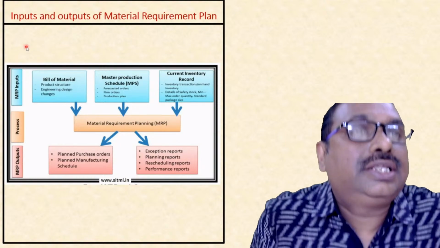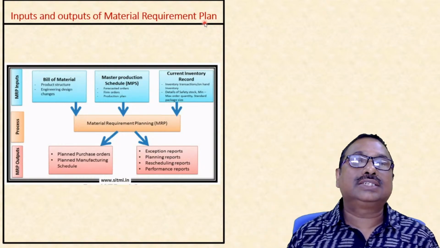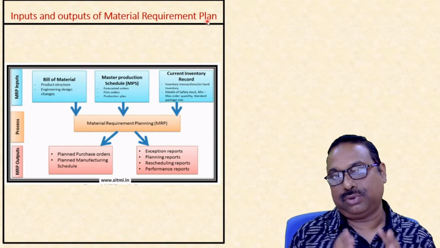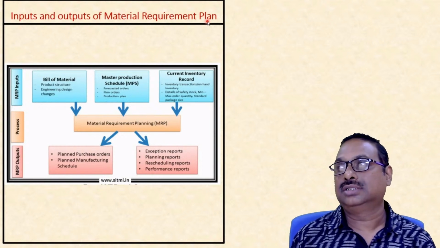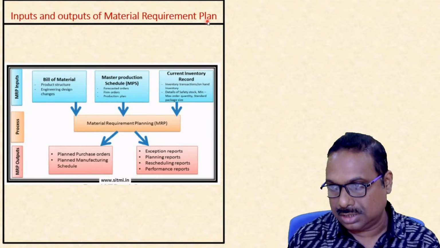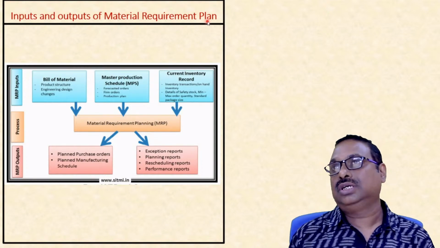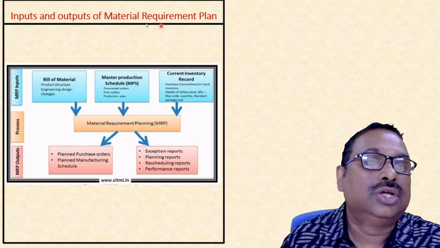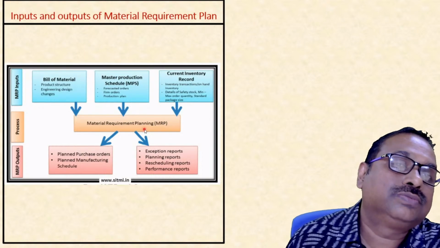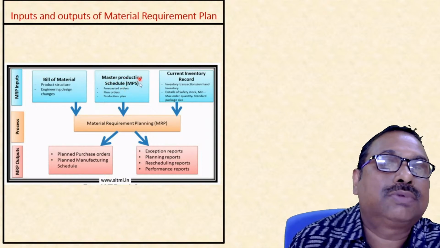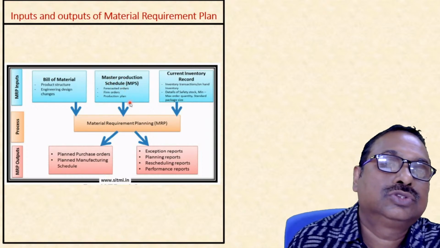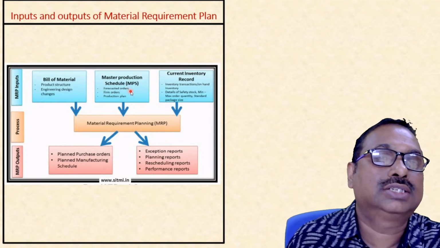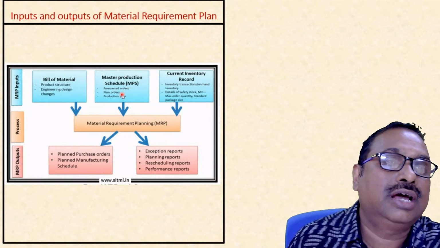And here we will see the inputs and outputs of the materials requirement plan. We have discussed in our very first slides the importance of the material requirement plan. It has played a significant role in any firm, in OEM firms and others. So for the material requirement plan, what are the inputs? The main input is from the master production schedule. The master production schedule gives mostly the forecasted orders or the orders they have.